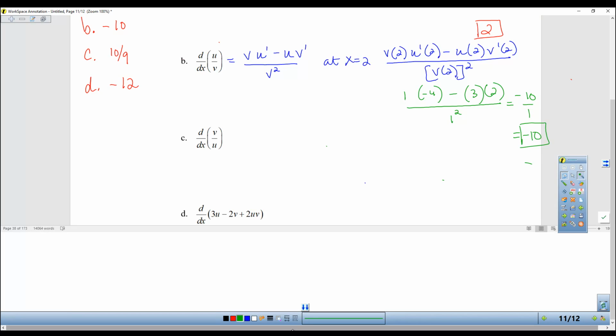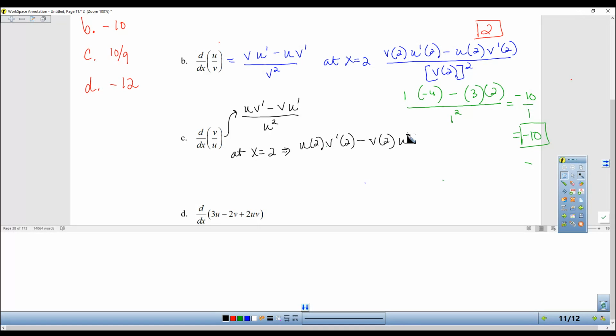I think letter C is honestly, just to be a little mean, they switched the u and the v. This is why I personally always call them the top and the bottom. So this is going to be the bottom times the derivative of the top minus the top times the derivative of the bottom, all over the bottom squared. At x equal to 2, it's the exact same thing, but now I take each of those and write at 2.